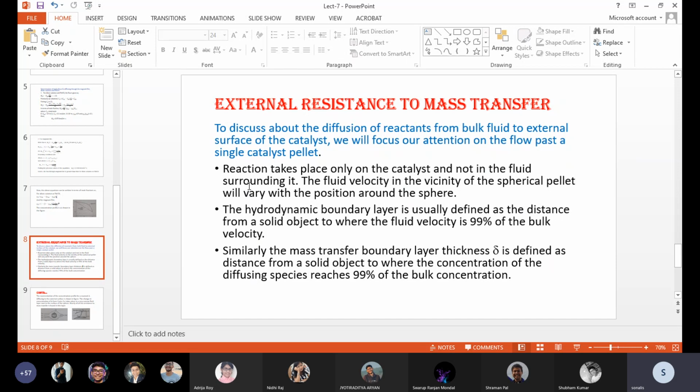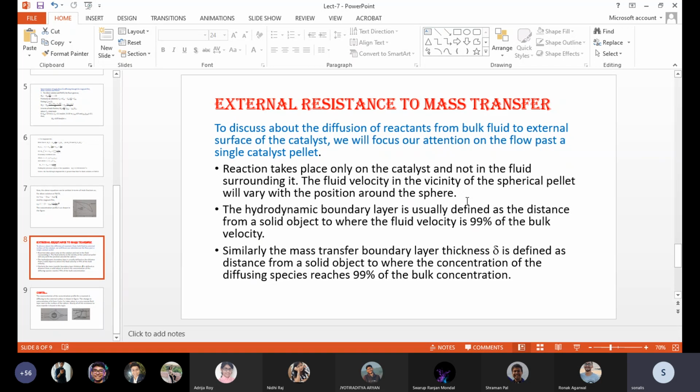Now, what are the assumptions? Reaction takes place only on the catalyst and not in the fluid surrounding it. It is very obvious. We have considered that without catalyst there is no reaction. So reaction should take place only on the catalyst and not in the fluid surrounding it. The velocity around the spherical pellet will vary with the position around the sphere. So fluid velocity is obviously varying because of the fluid boundary layer condition.